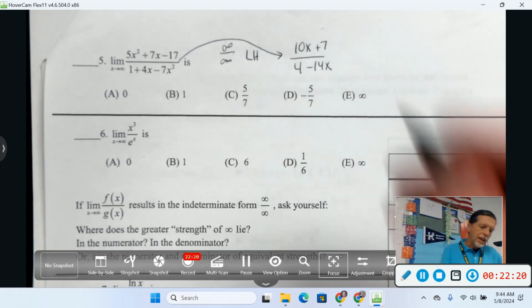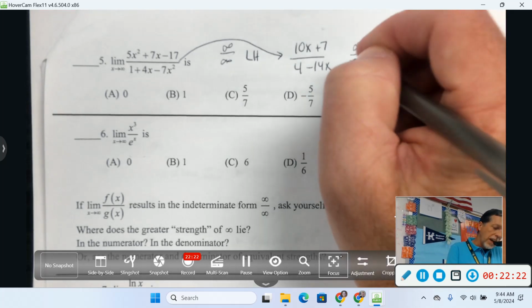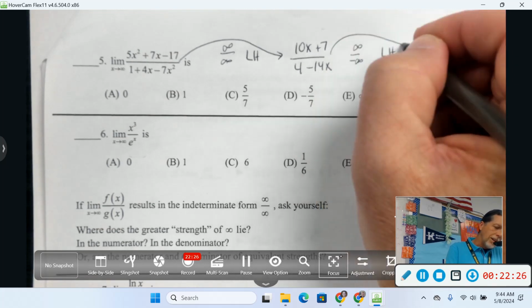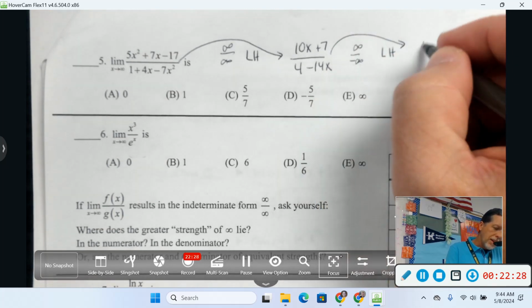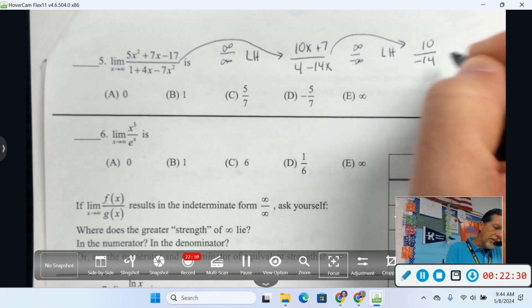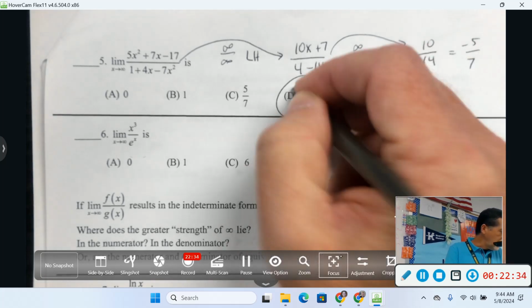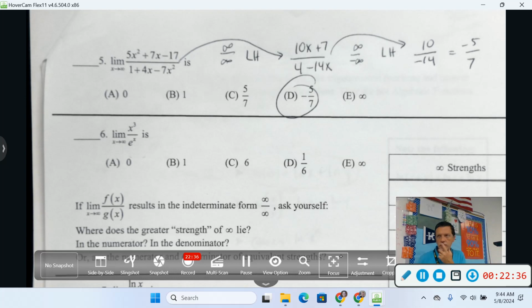We plug in again. This time we get infinity over negative infinity. So we can L'Hopital one more time. 10 over negative 14, which is negative 5/7. There is a different way to do that one.